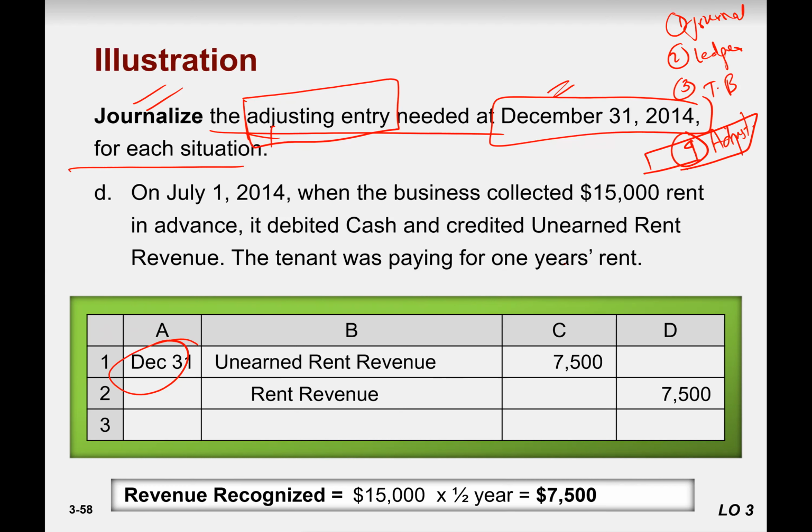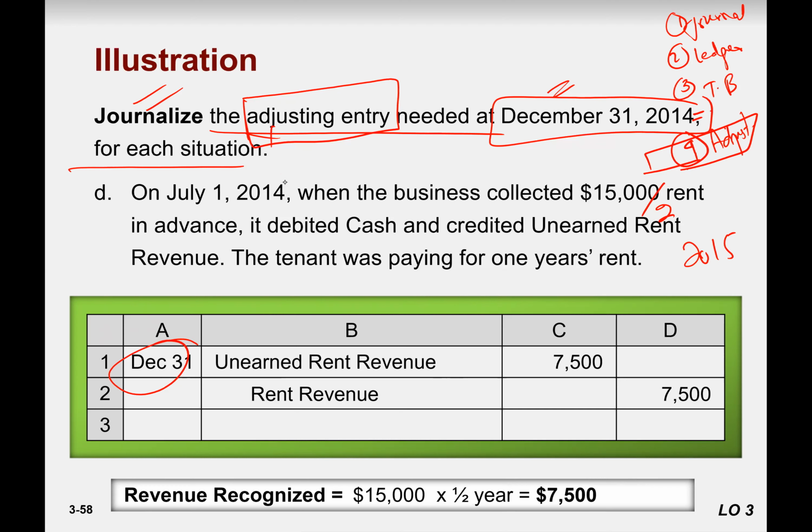This is the end of 2014. Yes, before December. So then half of this 15,000 would be entitled to go on 2015 revenue, right? Wait, but if it was from July 2014 to December 2014, yes.